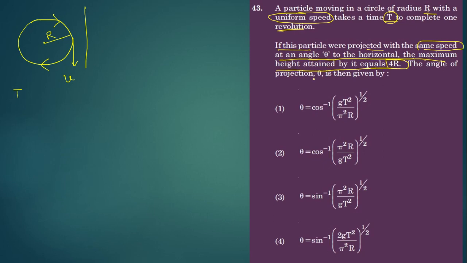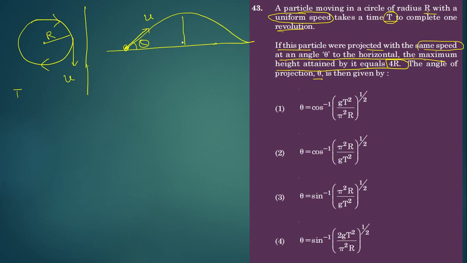Question is, what is the projection angle? The situation, if I want to describe, it will be like this. The same particle, I project it with the same speed as that of the circular motion and at a projection angle theta with the horizontal, and then it goes under inclined projectile motion.